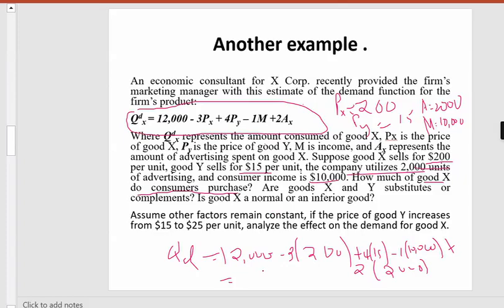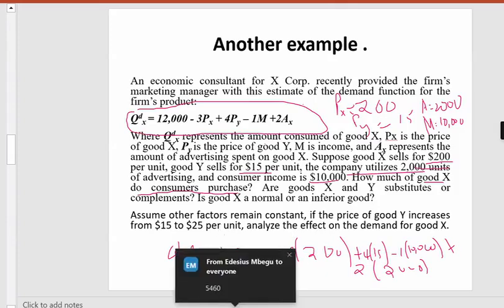Can you solve, please? Natumia computer. Nani calculator? Yes, doctor. What do you get?